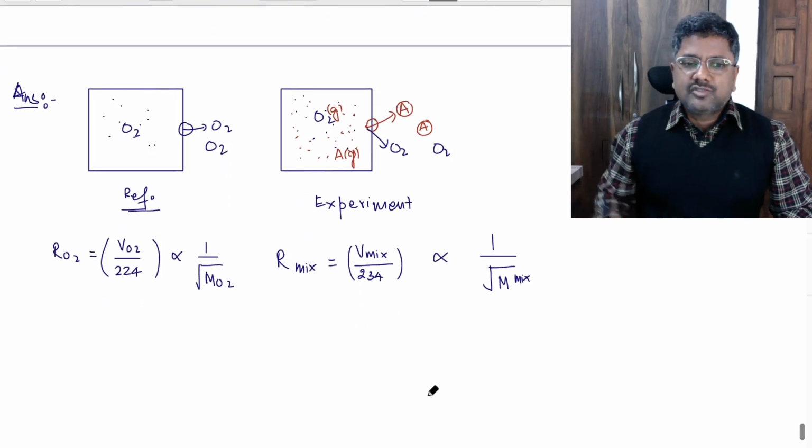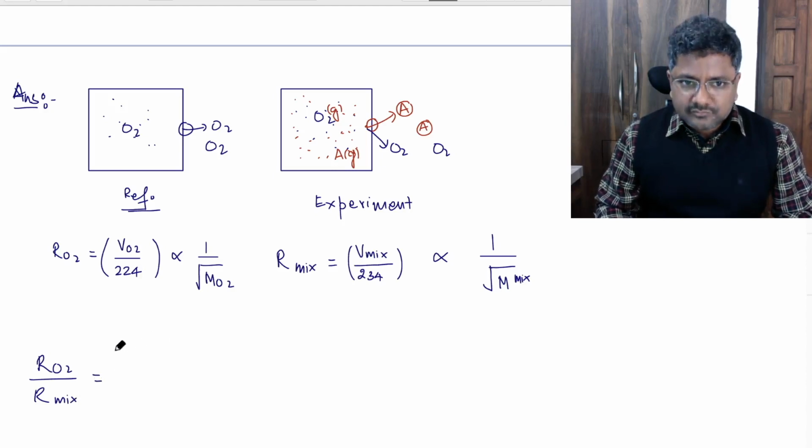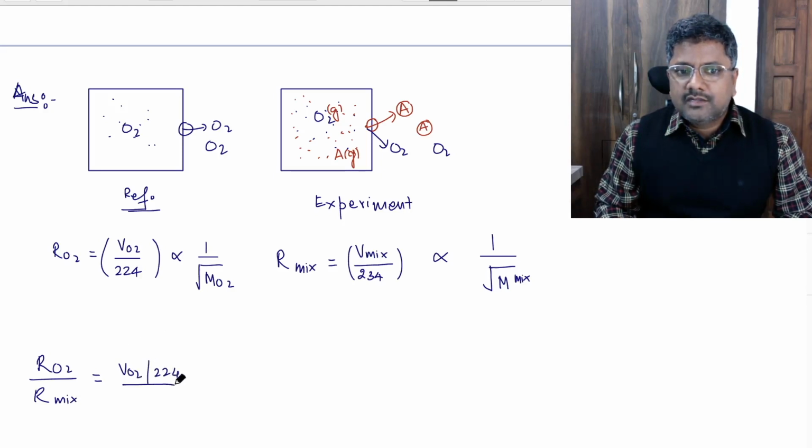So from Graham's law, we can write rate of effusion of oxygen by rate of effusion of the gaseous mixture is equal to volume of O2 by 224 divided by volume of mixture divided by 234.